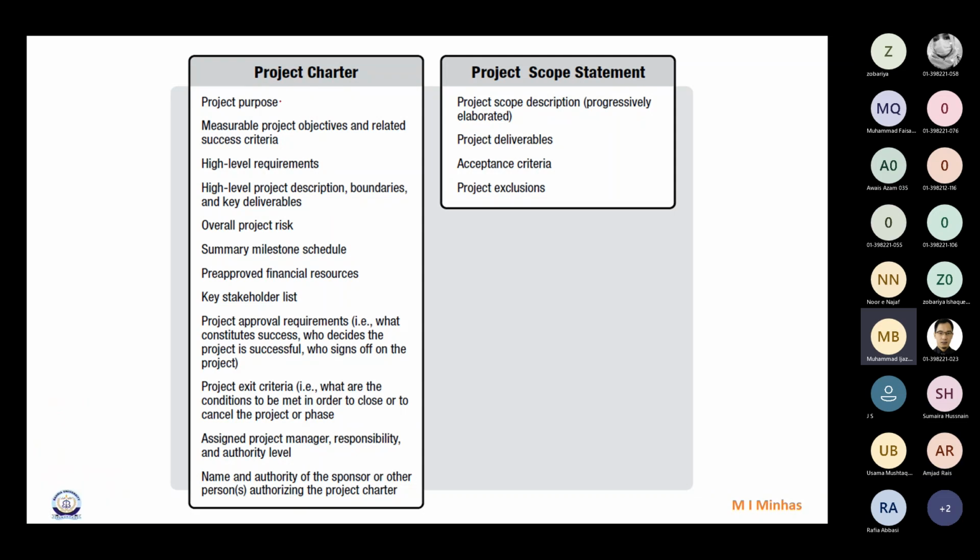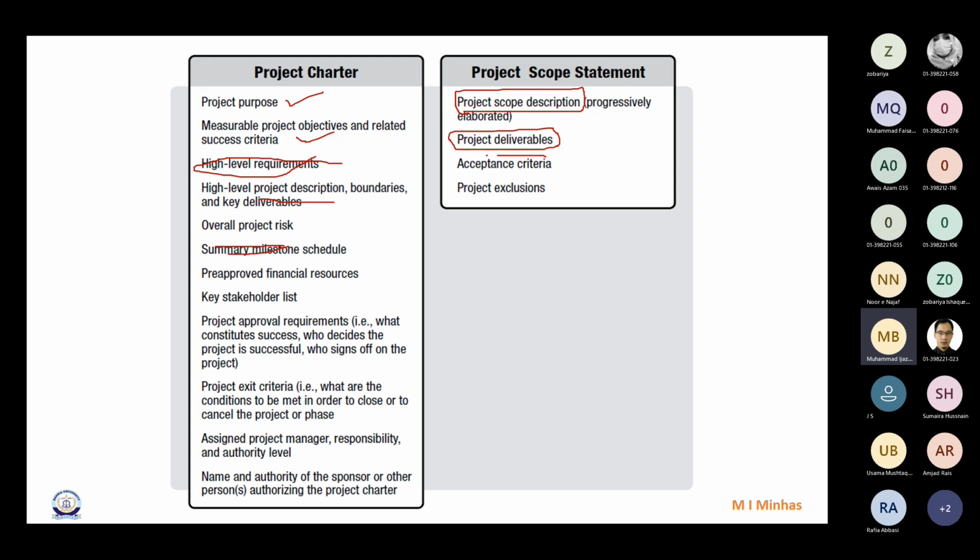Here is a comparison between the two. At project charter level, we just focus on the project purpose, measurable project objectives, high level requirements, right? High level project descriptions, overall project risk, the summary milestone. So everything is at high level. But in case of project scope, here we define the scope in more detail. We identify the deliverables that would be part of the scope.